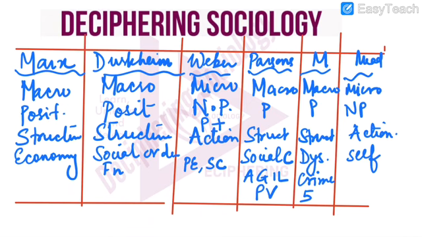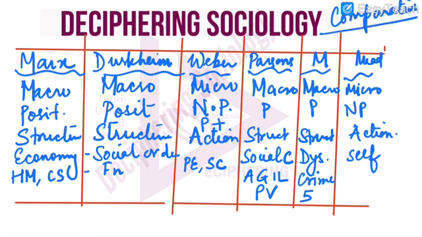In Durkheim, this is sufficient, social order, function. Marx, we have economy plus historical materialism if you want, class struggle. So, when you prepare a chart like this, a comparative chart of thinkers, then it will be very easy for you to recall and recollect thinkers.